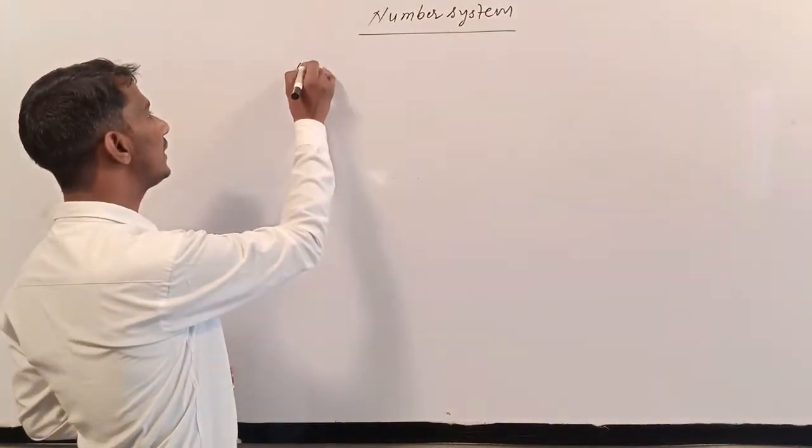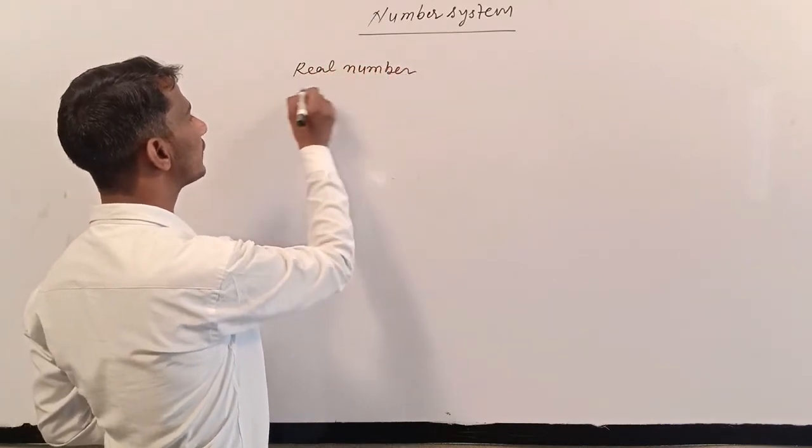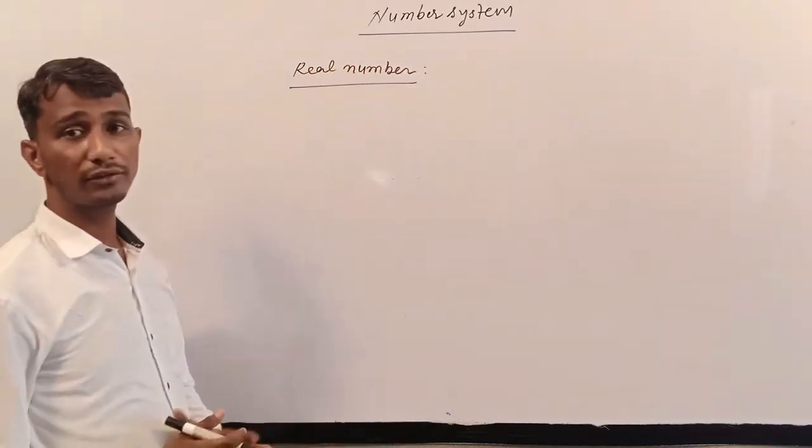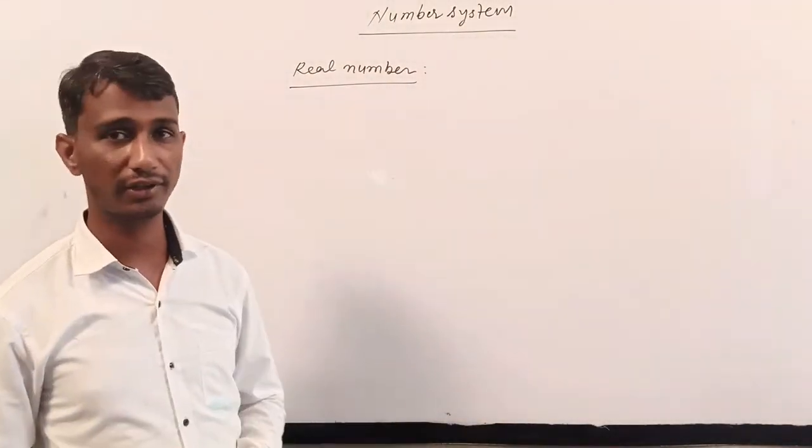Dear students, according to the definition of real numbers, the combination of rational numbers and irrational numbers is called real numbers.